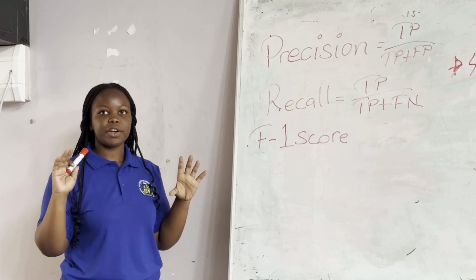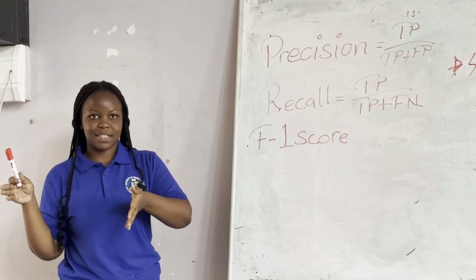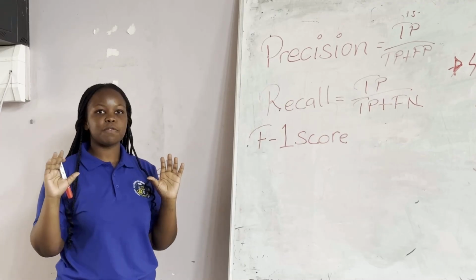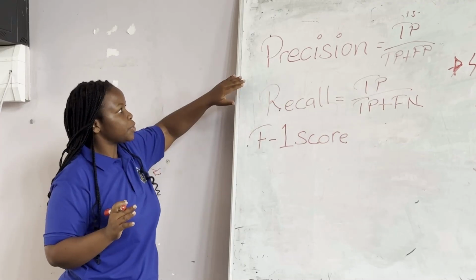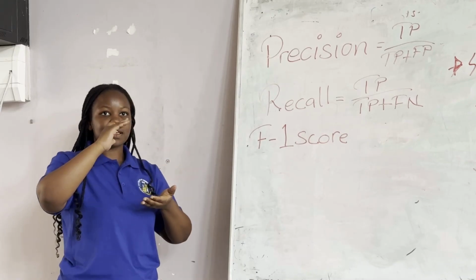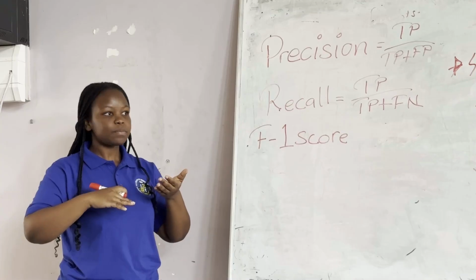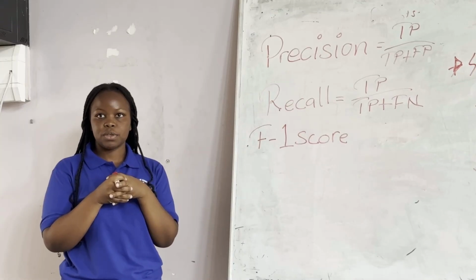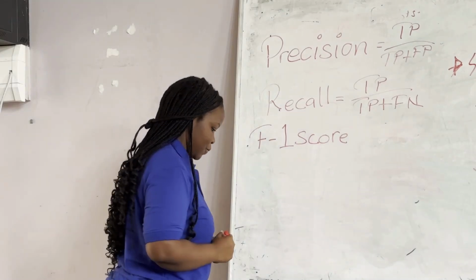We are ignoring the 1 cat that exists. Yeah? So we need to find a balance. Precision and recall work hand in hand. If one is higher, the other is lower. So the F1 score finds a balance between the two, which I will show you.